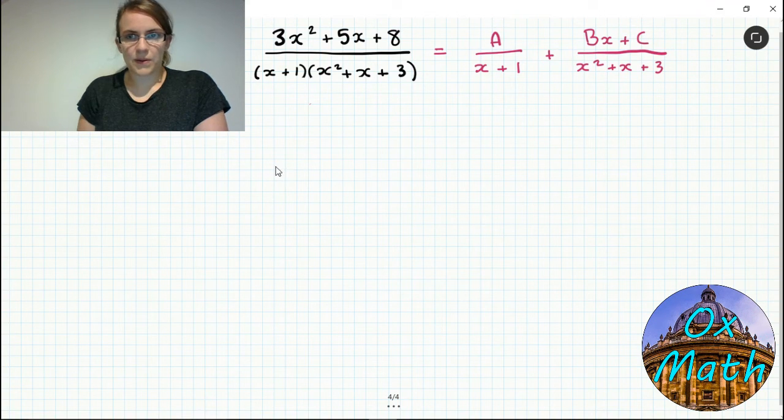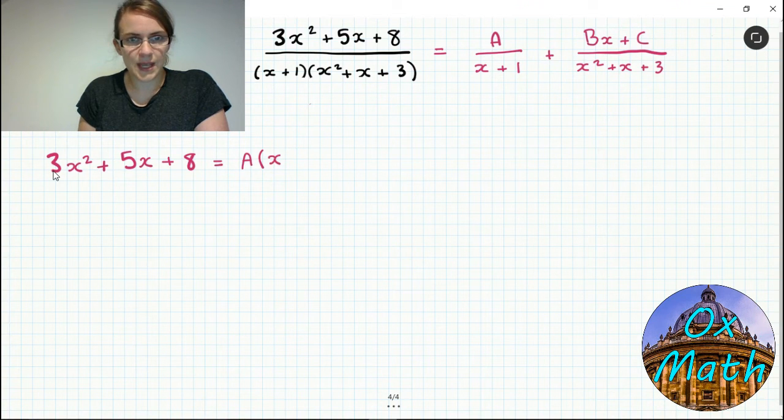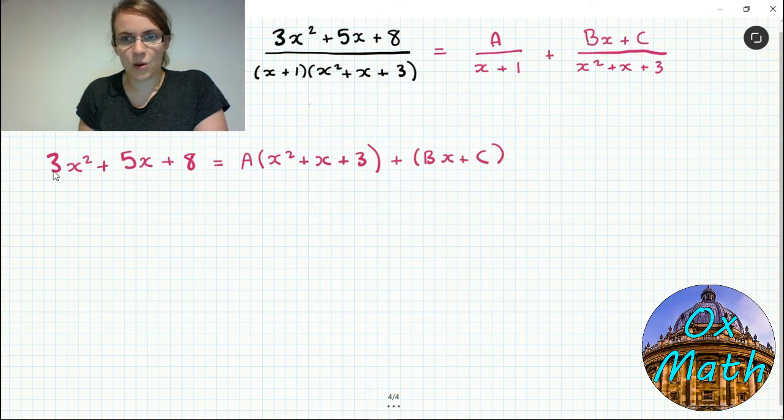So let's work through exactly as we did before. Start by multiplying through by the denominator of the left-hand side, and that leaves us with 3x squared plus 5x plus 8 on the left-hand side, and a times (x squared plus x plus 3), because the x minus 1's cancel out, and then (bx plus c), you need it in brackets because it's the whole of the top, multiplied by (x plus 1), and the x squared plus x plus 3 cancel out.